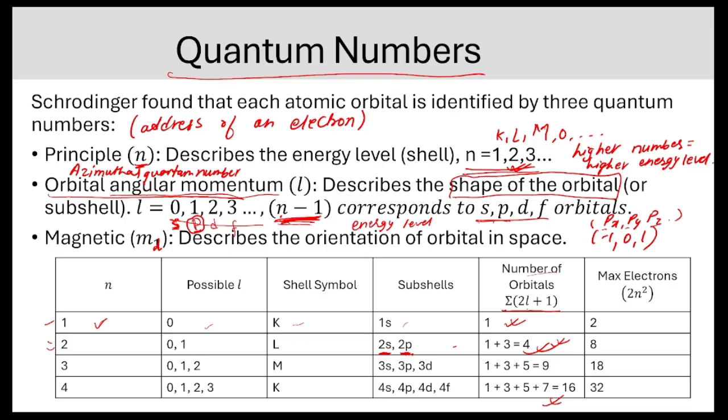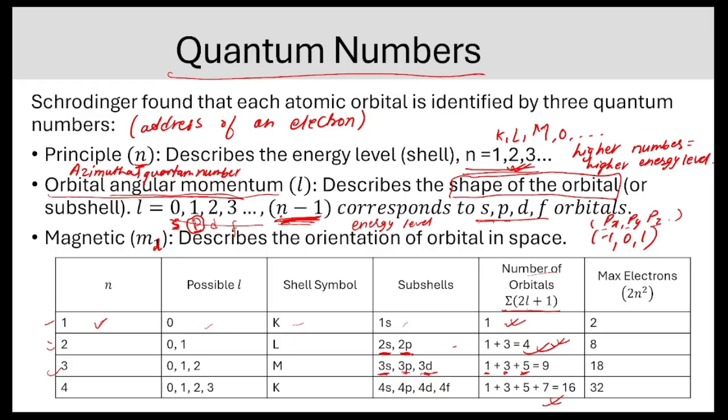Similarly, if we look at energy level 3, we have S, P, and D subshells. The S subshell can have one orientation, the P subshell three orientations, and the D subshell five orientations, resulting in a total of 9 orientations, and so on.